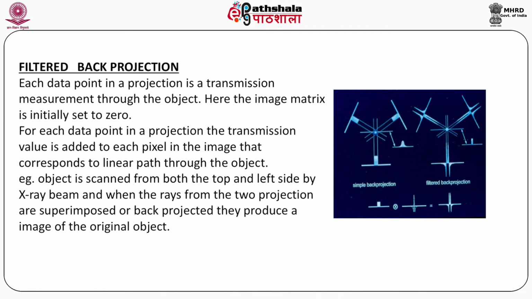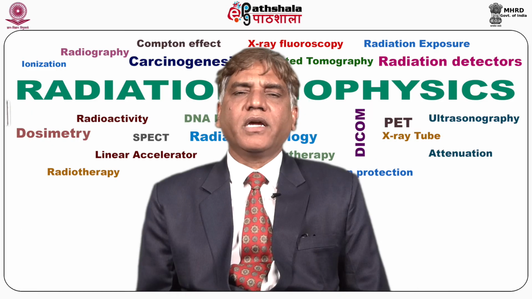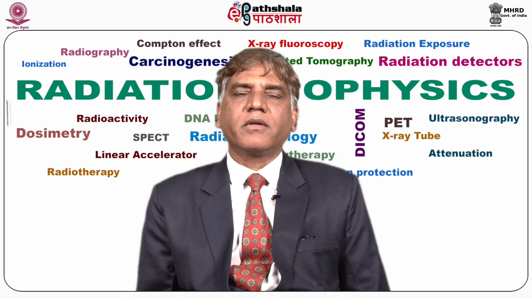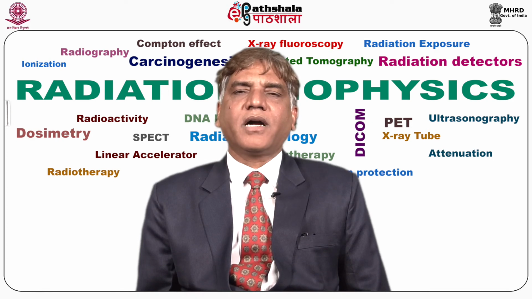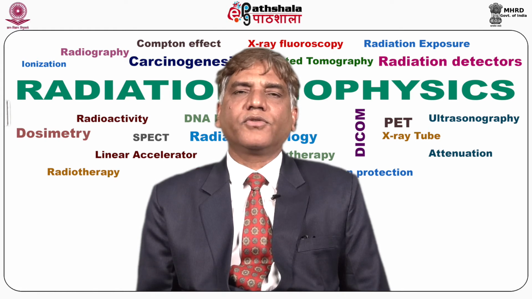For example, if the object is scanned from both the top and the left side of the X-ray beam, when the rays from the two projections are superimposed or back projected, they produce an image of the original object. So initially the total value is projected back equally in all the voxels, and then the data are summed up from different directions and utilized to reconstruct the image.